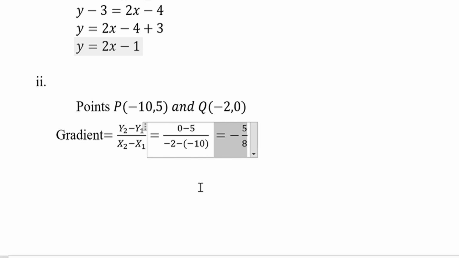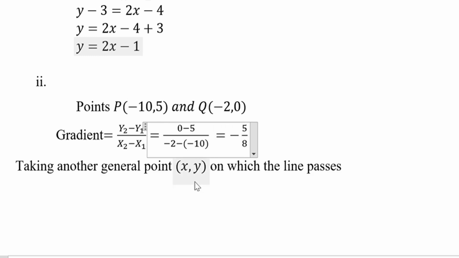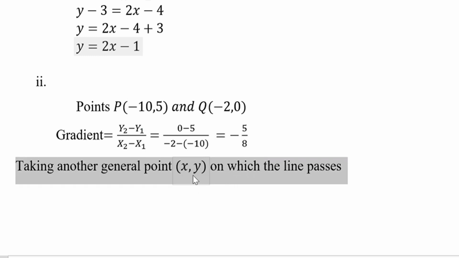Then take another general point xy on which the line passes, and you pick one of these 2 points. You calculate the gradient again, but because we have it as negative 5 over 8, we shall equate it to negative 5 over 8.